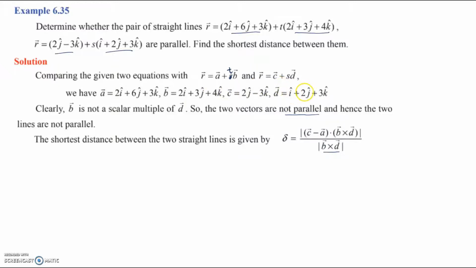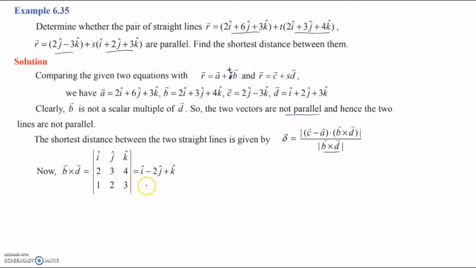Cross product is nothing but the determinant expression where you have i cap, j cap, k cap as your first row, then the coefficients of i cap, j cap, k cap, which is 2, 3 and 4 as the second row, and the coefficients of vector d, which is 1, 2 and 3 as the third row. So solving this determinant, you will get the value as i cap minus 2 j cap plus k cap.